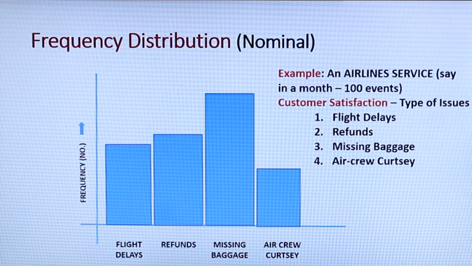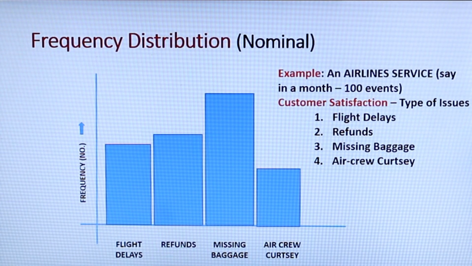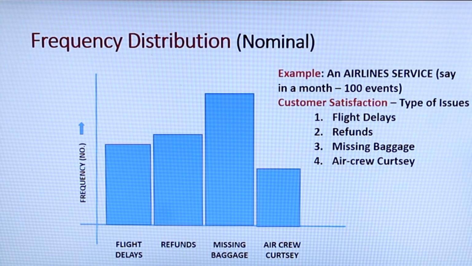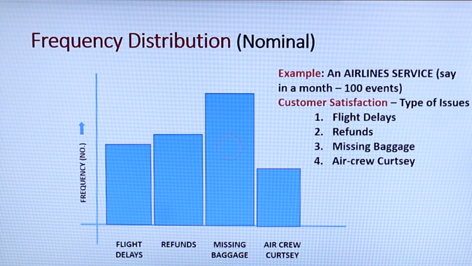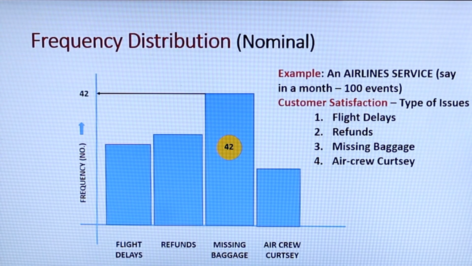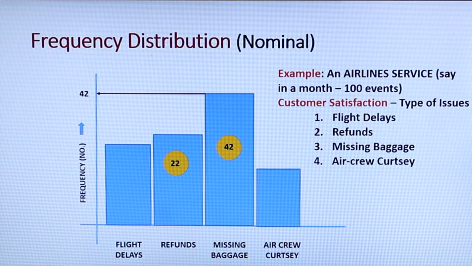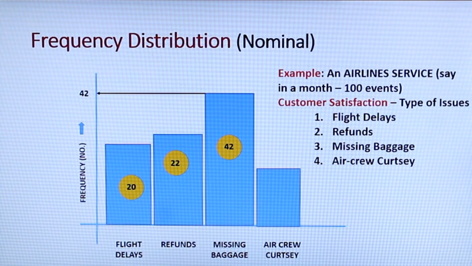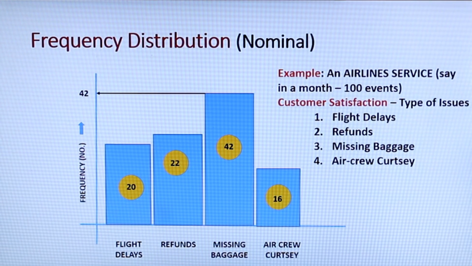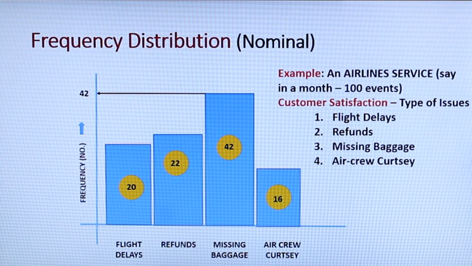So when these events are considered, we have this frequency diagram in which missing baggage is 42 times, refunds 22 times, flight delays 20 times, and courtesy of the crew that's wanting is about 16 times. So this is the way you depict a frequency distribution for nominal data.